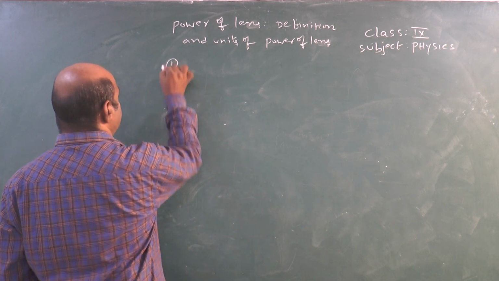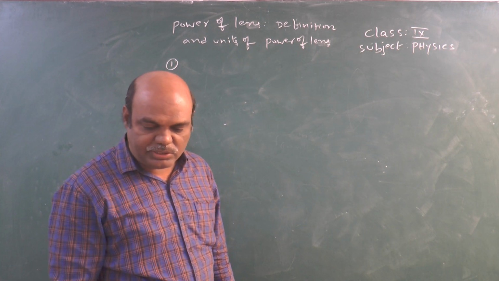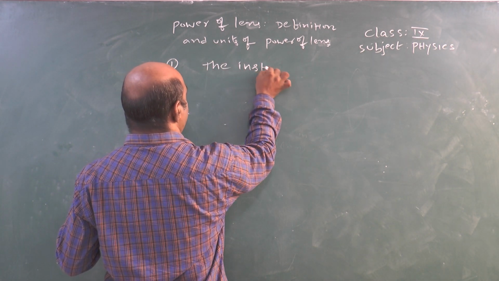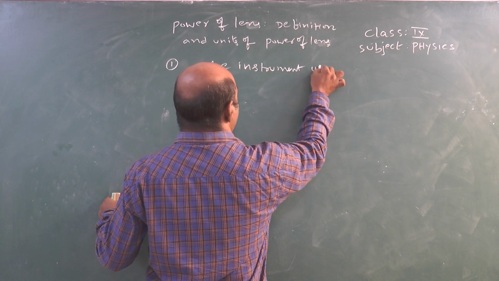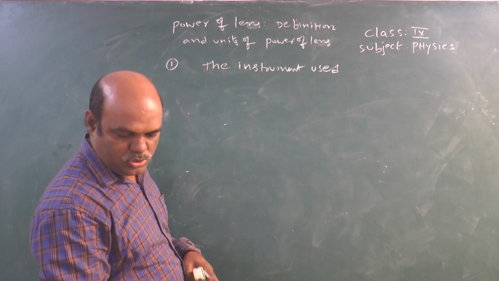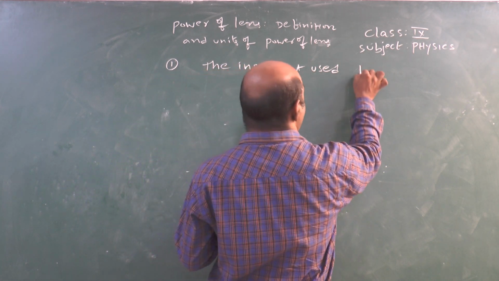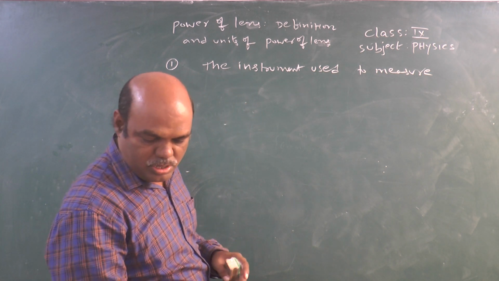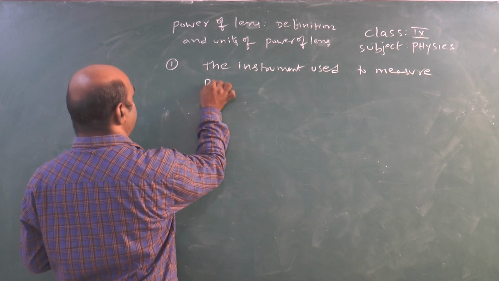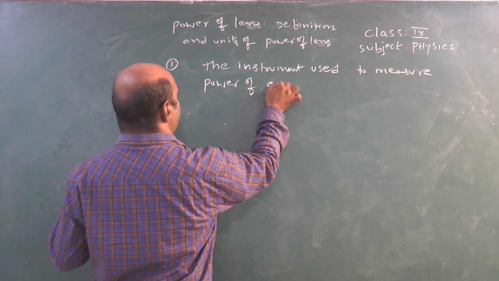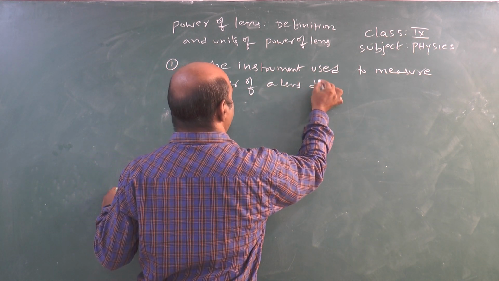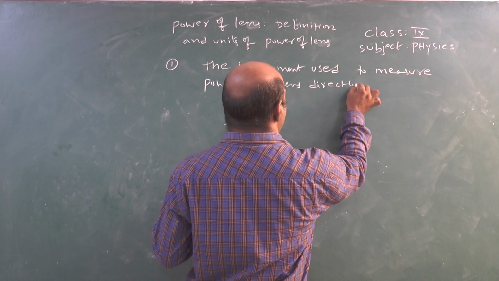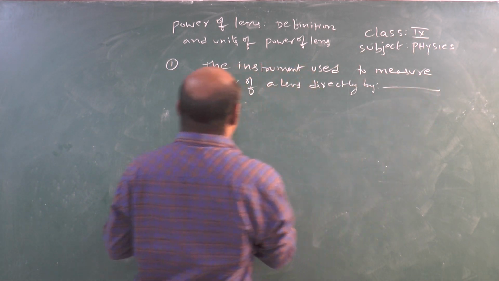The first one is: the instrument used to measure power of a lens directly by dash.